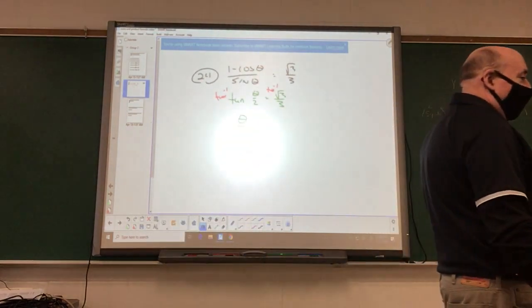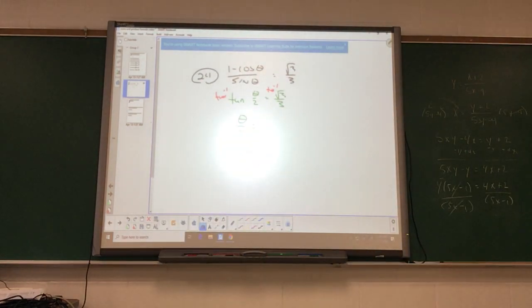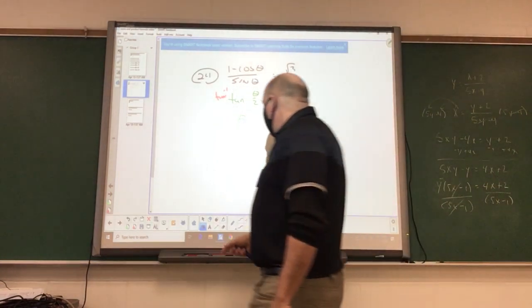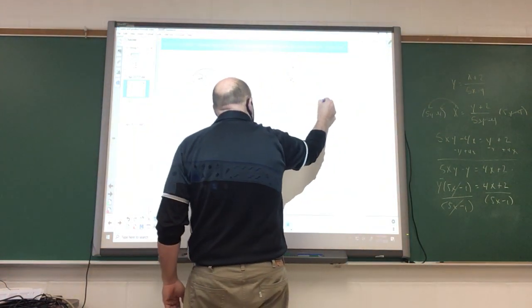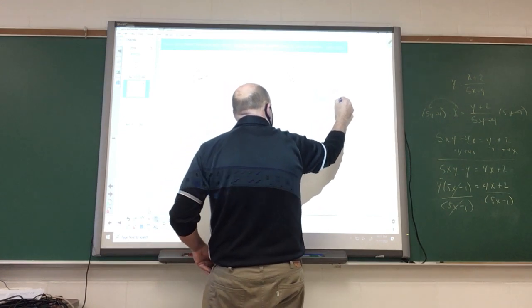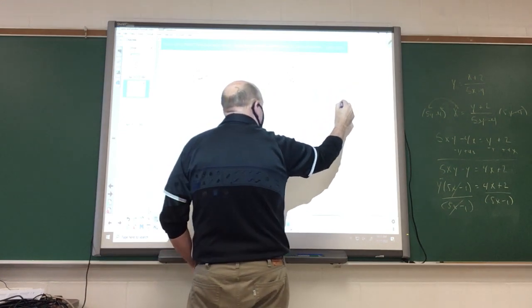Make sure you quantify that. Just don't take the inverse tangent of square root of 3 and then divide that by 3. You want to take the inverse tangent of square root of 3 divided by 3 and end your quantity. Some of your calculators will throw a parenthesis there.